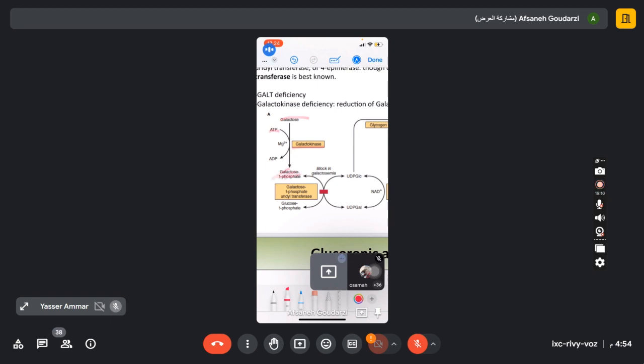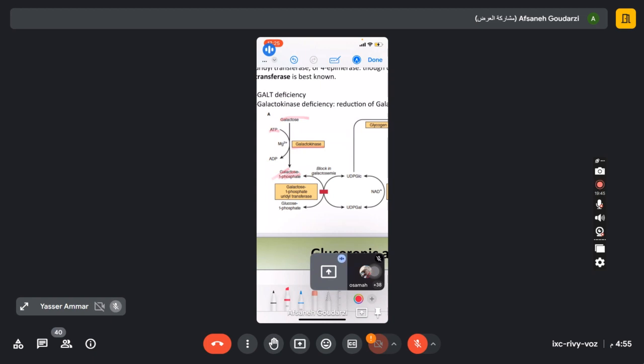If you remember in the first slide, I talked about how fructose and galactose can enter glycolysis, but fructose enters glycolysis upon its phosphorylation, while galactose should be changed to glucose first, then it enters glycolysis. Therefore, here we should see how we can change galactose to glucose.